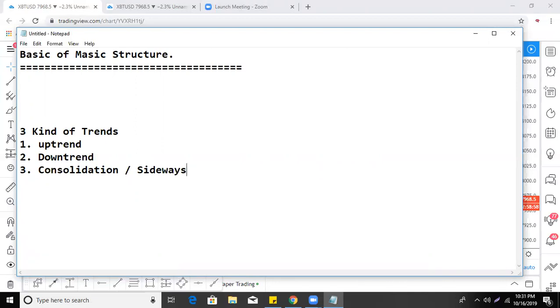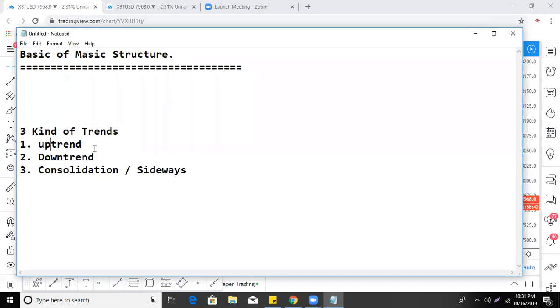So anything, it may be vegetables, your groceries, your fruits, your mobile phones, or anything. It may be Bitcoin, it can be any other coin. That goes into three trends, into three ways the market moves.